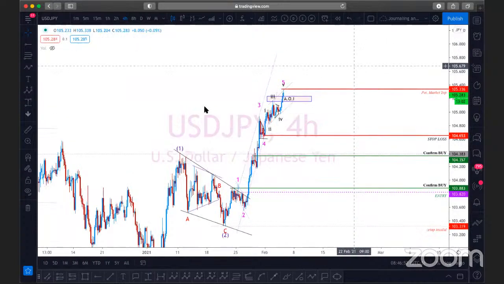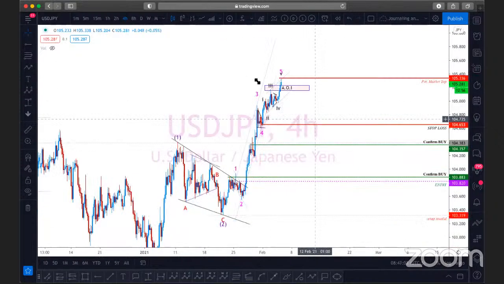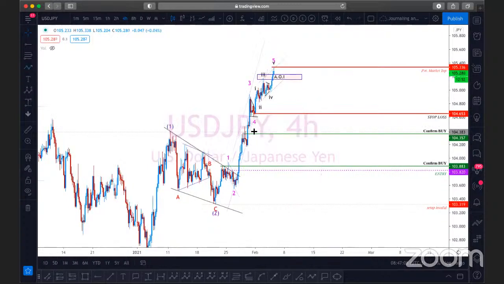It all depends on how the market retraces. If we get, because this is the top of wave 1 here, if we get the market to stay above this zone, then we potentially have that as wave 3 of this intermediate wave.